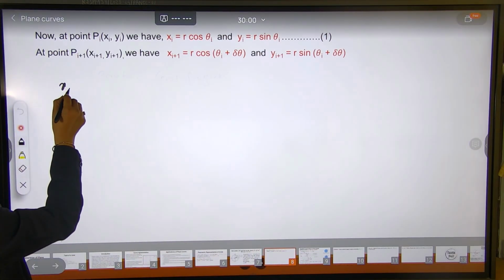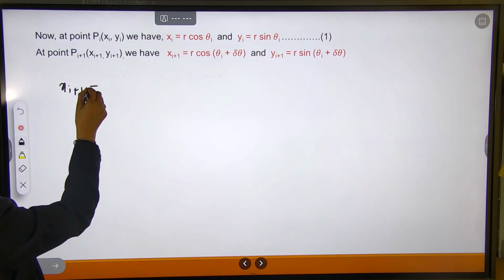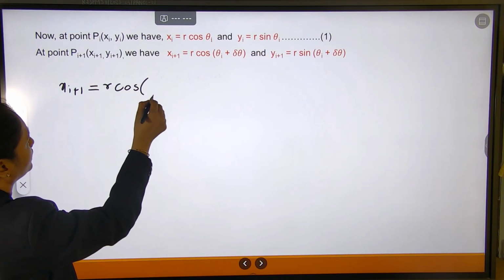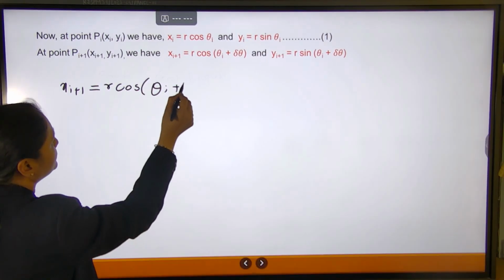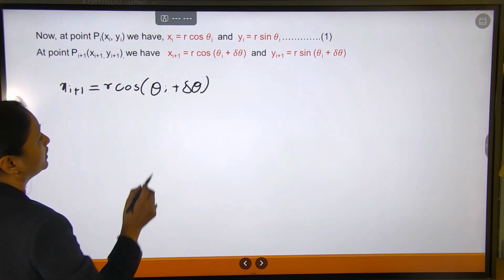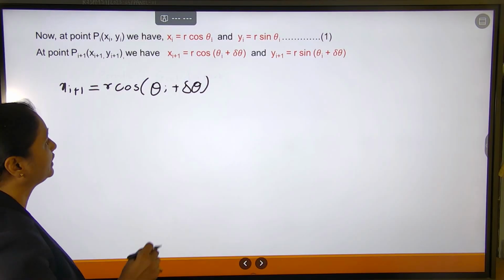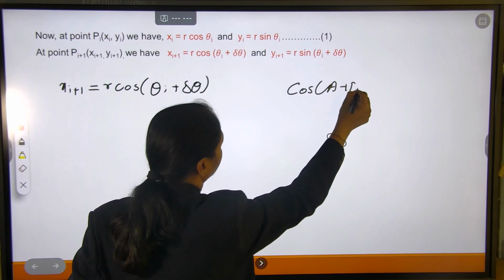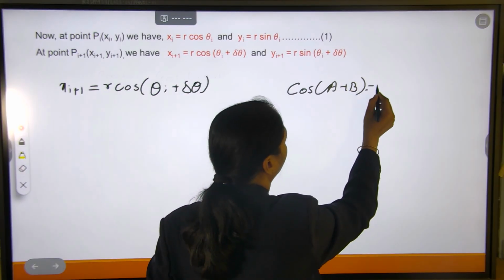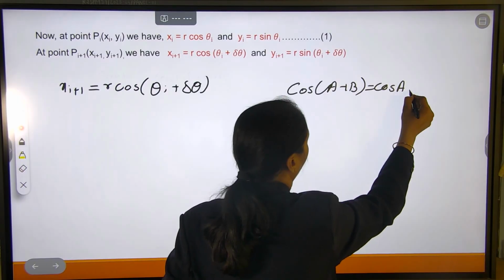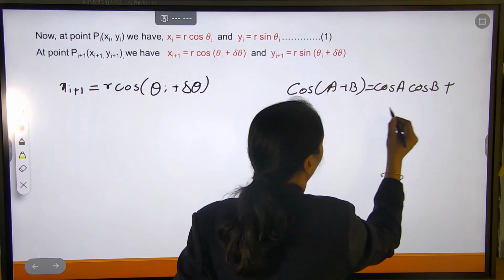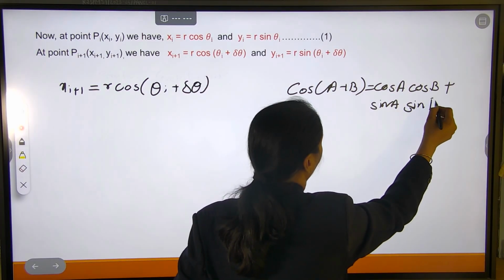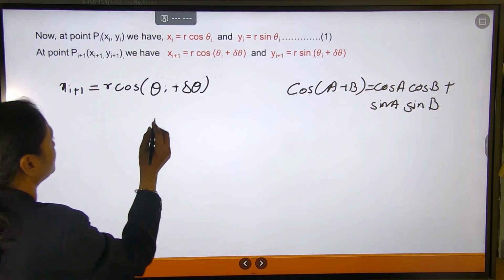Now xi plus 1 is equal to r cos theta I plus delta theta. Now the expansion of cos A plus B is equal to cos A cos B minus sin A sin B. So we can use this formula.